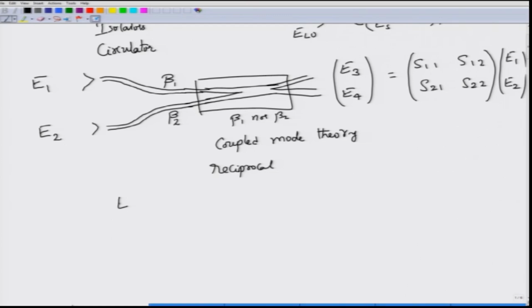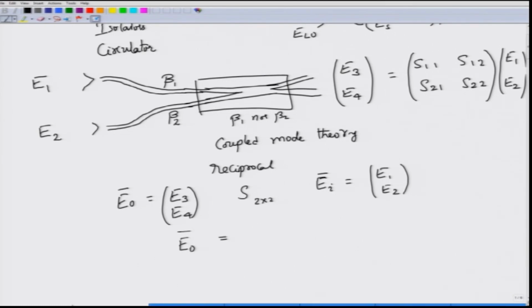If you combine the output electric fields into a column vector, E3 and E4, the matrix is represented by the capital letter S, which will be a 2 by 2 matrix, and the input can be given as an input vector E1 and E2. Now you have a matrix relationship which says that the output vector is equal to S times the input vector.